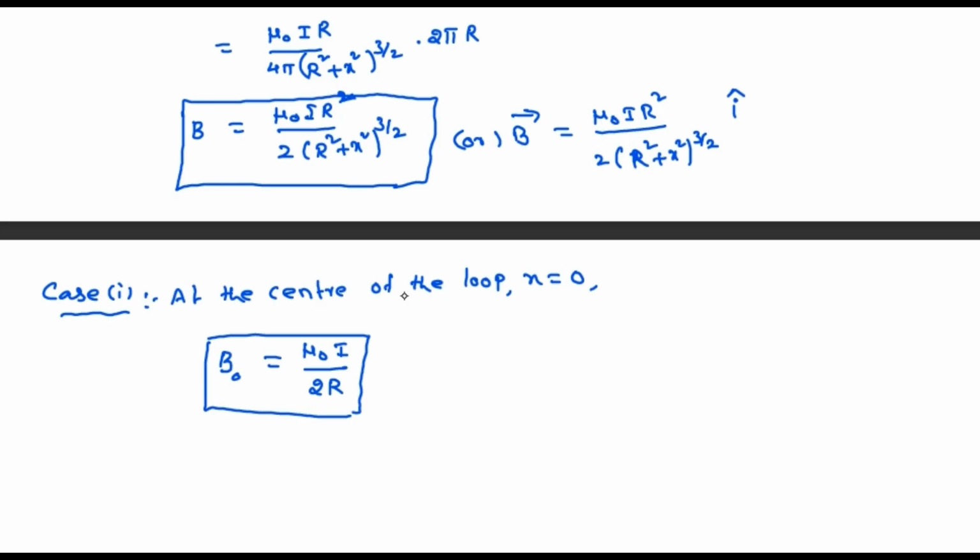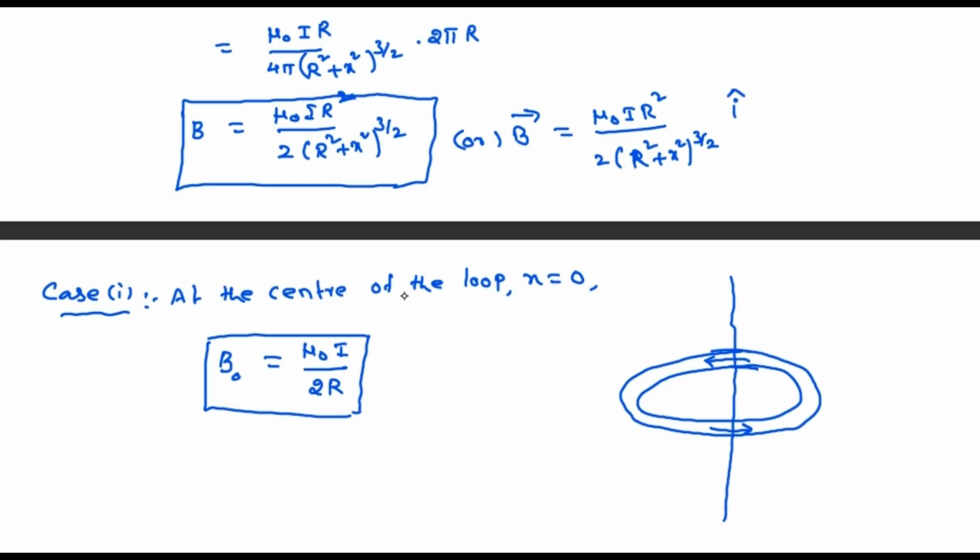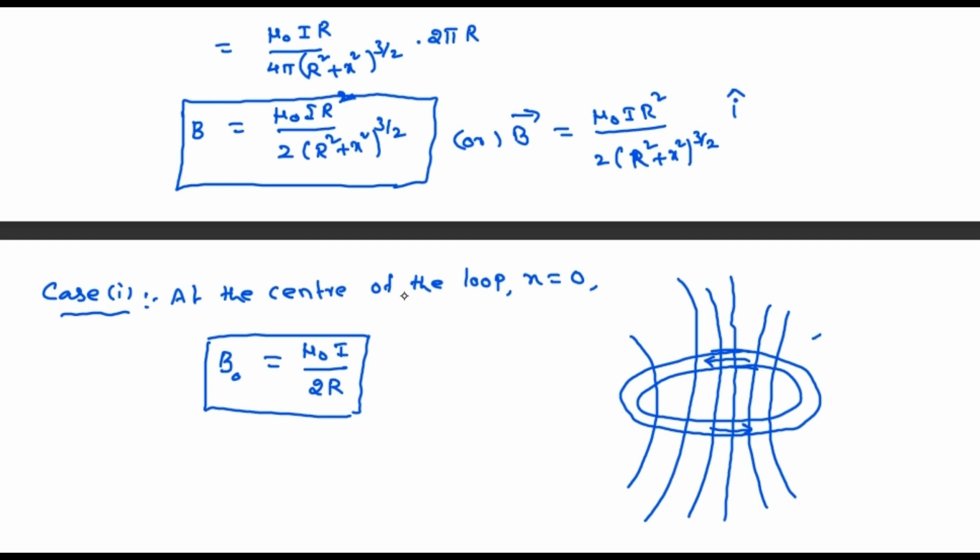And suppose we are taking the loop like this, and the current is passing like this, then with the help of the right hand thumb rule we can draw the magnetic field lines like this, in such a way that these arrow marks are upwards.